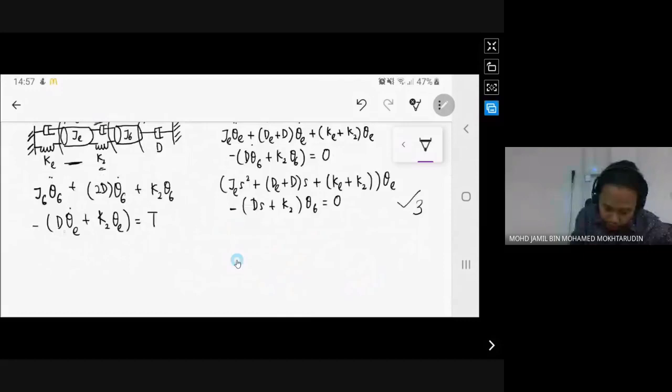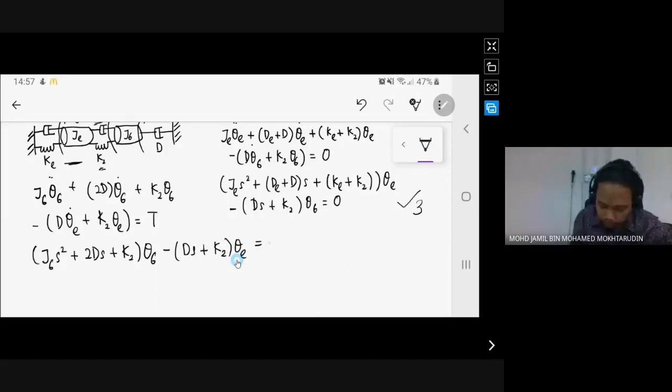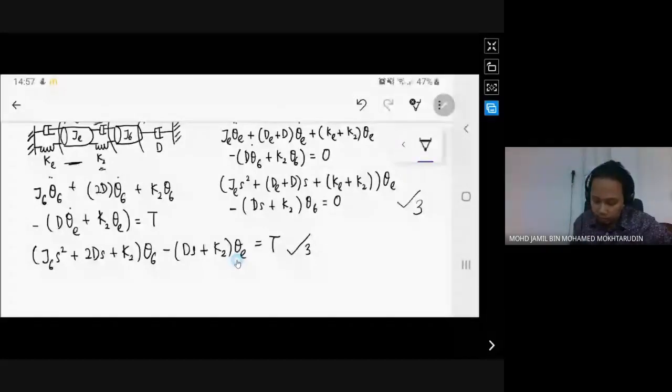So it will become J6 S square plus 2DS plus K2 theta 6 minus DS plus K2 theta E equals T. Okay, same marks, 3 marks. So if you have, let's say you forgot the top one, minus 1 mark. So if you mistakenly write this positive, for example, so minus 1 mark, okay? So same as the previous one.